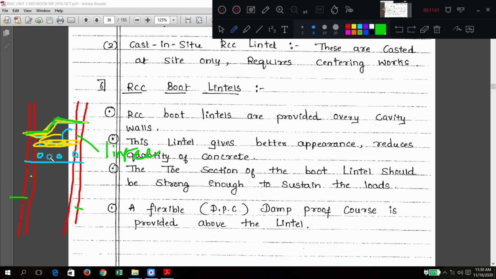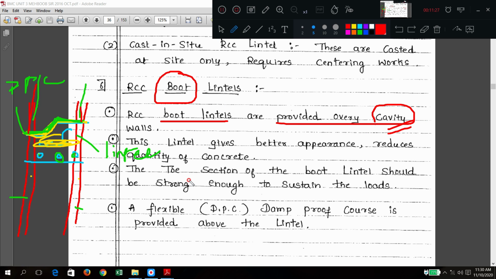These are the steel bars, and concreting is done. This will be your DPC layer, damp proof course. Again above that the two walls will continue. So generally RCC boot lintels are provided over cavity walls. You remember, boot lintel means cavity walls.